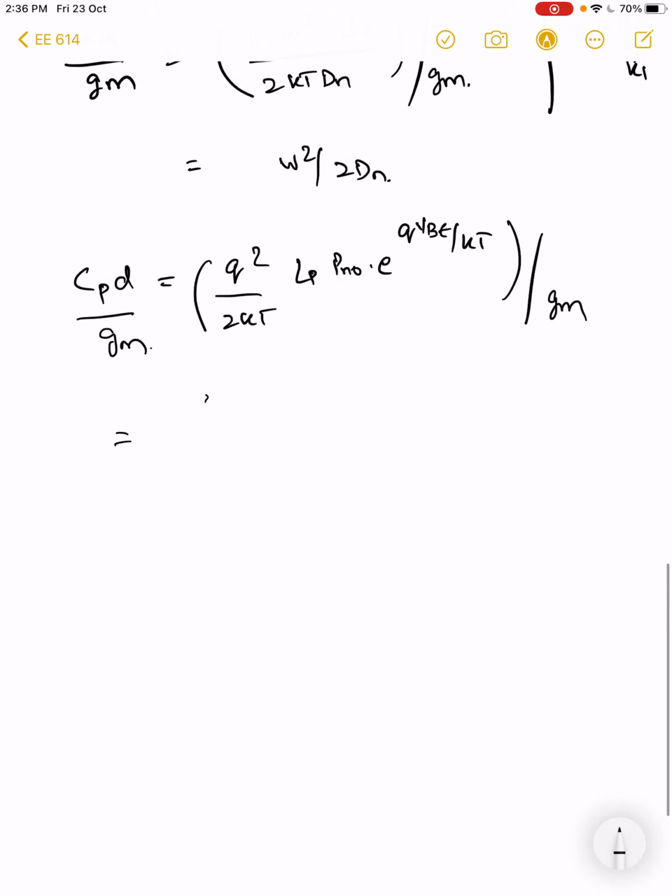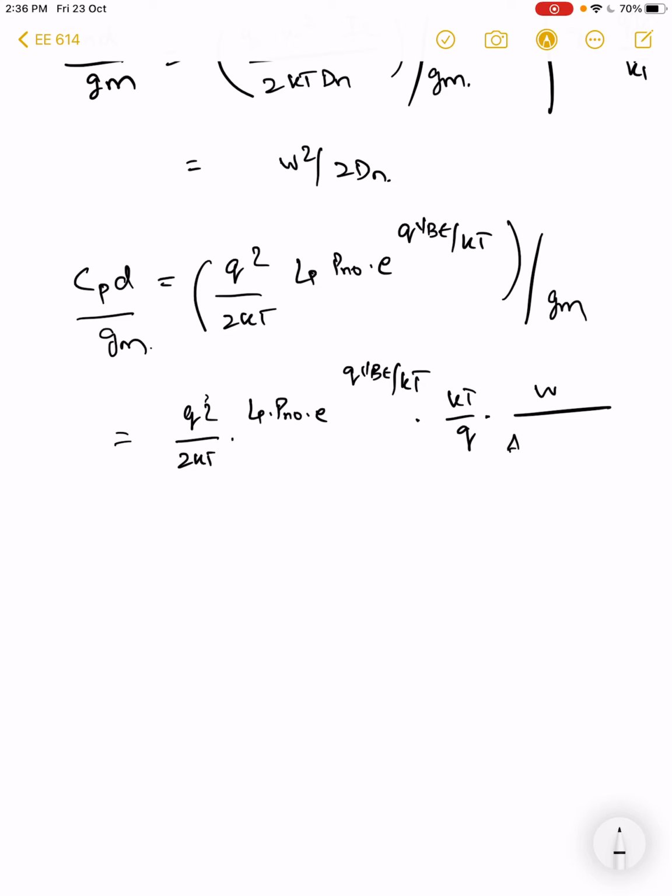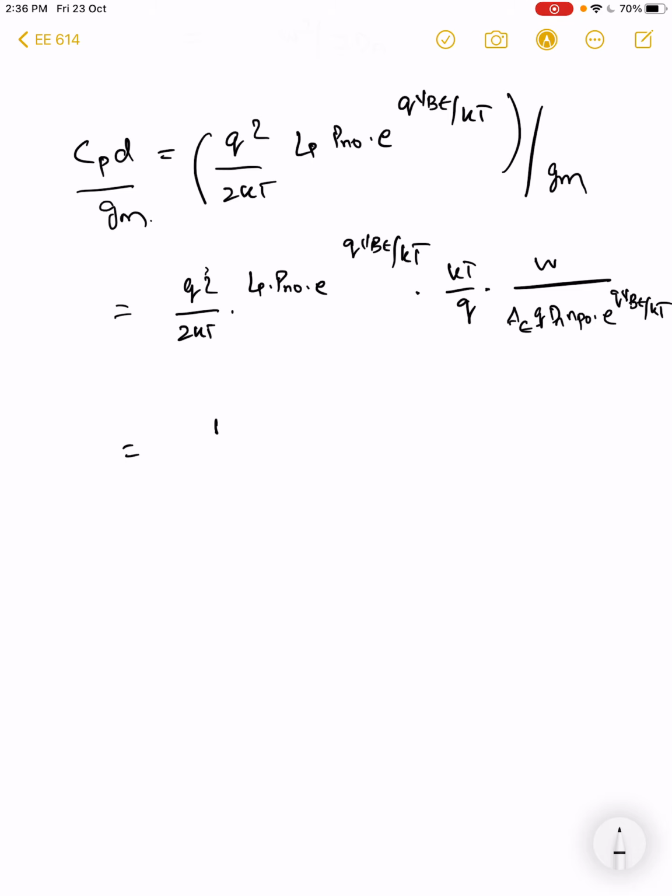So I will get q square by 2 kT Lp pn naught e power qVBE by kT, multiplied by kT by q, divided by A q Dn np naught e power qVBE by kT, and this will turn out to be Nb, width of the emitter, width of the base, by 2 Ne Dn.